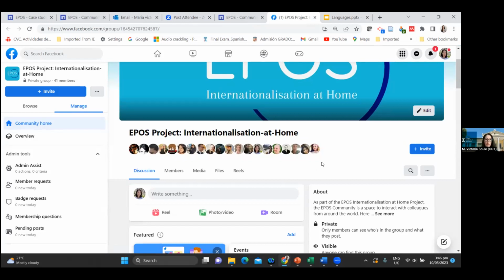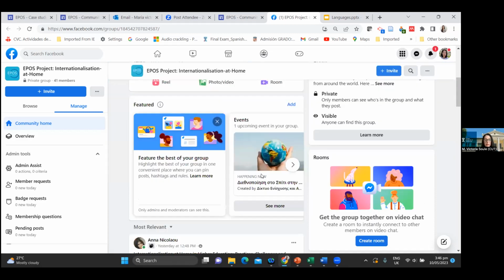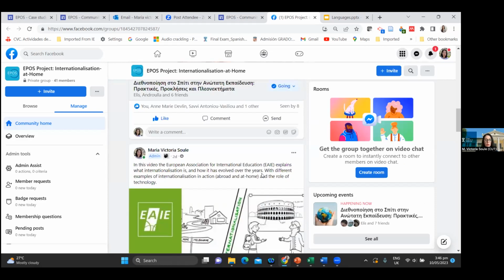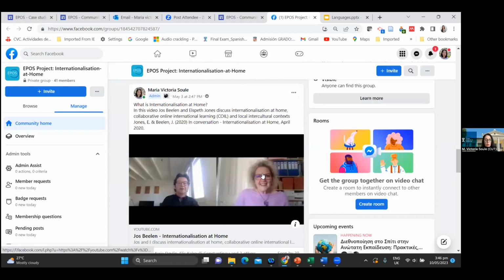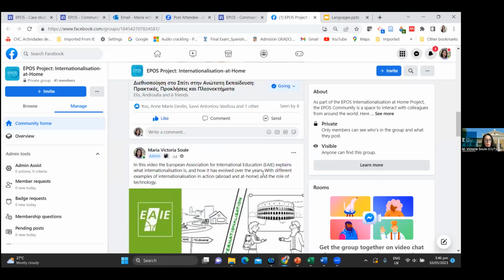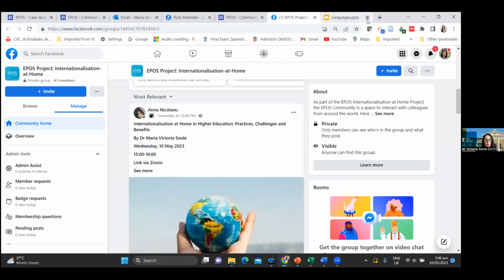Right now we have 41 members, but we hope that this community will grow in the future. And it's a space where resources are shared, such as videos, or we aim that this is a space where you can also interact, okay? Not just post resources, but you can interact with your colleagues.